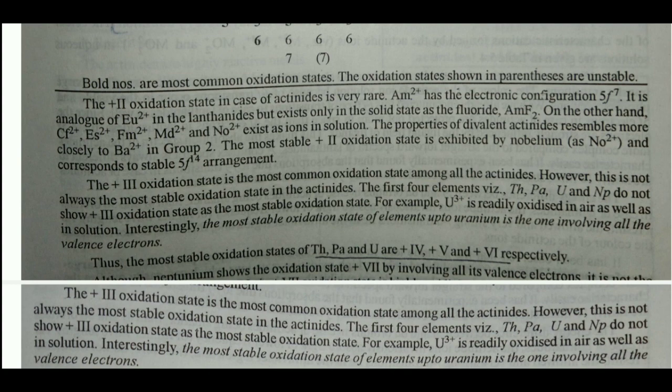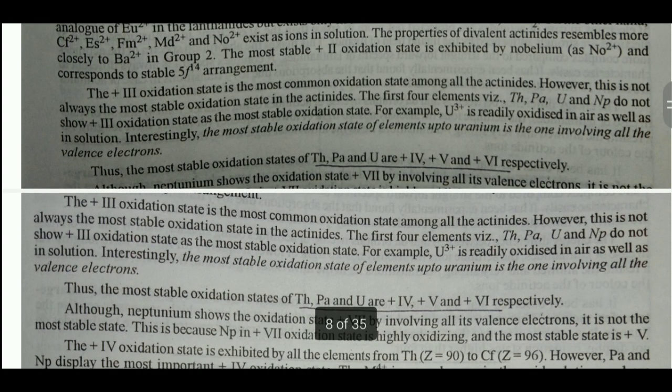The most stable +2 oxidation state is exhibited by nobelium as No2+ and corresponds to the stable 5f14 arrangement. The +3 oxidation state is the most common oxidation state among all the actinides. However, this is not always the most stable oxidation state in the actinides. The first 4 elements, Th, Pa, U and Np, do not show +3 as the most stable oxidation state. For example, U3+ is readily oxidized in air as well as in solution.